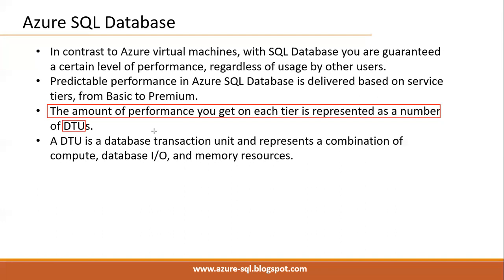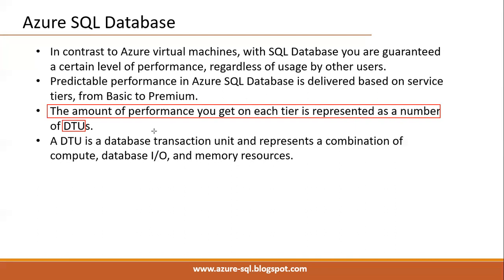Basically, remember, 5 DTUs per second means 5 transactions per second are allowed in parallel. But in standard and premium, other pricing tiers are there. Especially in premium, if you are taking 10 DTUs, it is almost equal to 50 transactions.